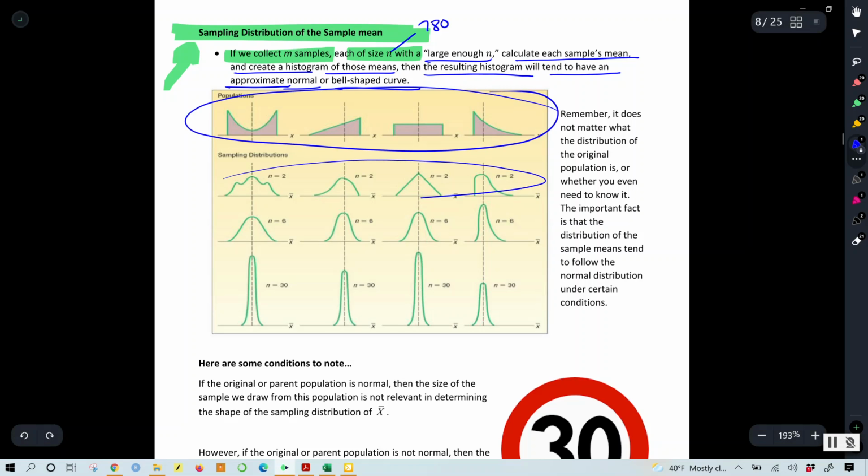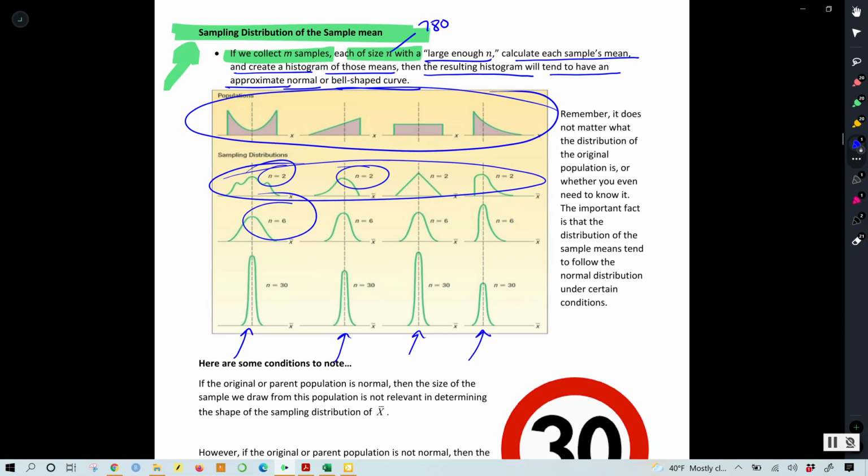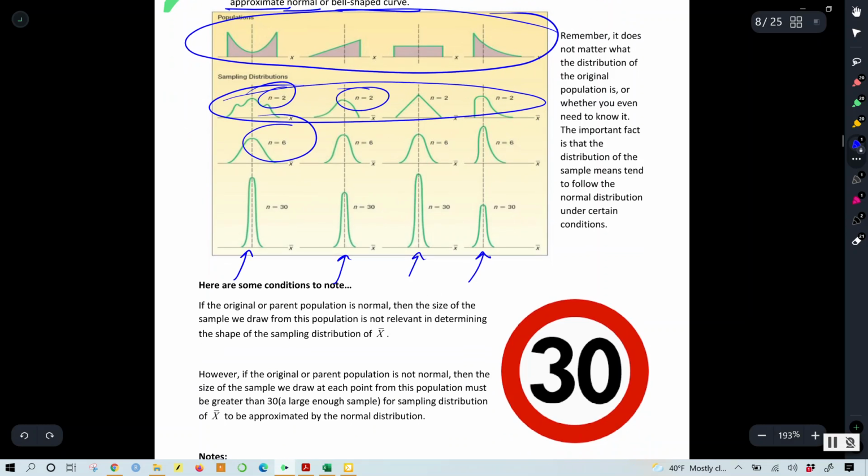As you increase the sample size, n equals 2, n equals 6 to n equals 30, as it nears 30, you observe that the shape of the distribution begins to approach the normal distribution that we learned earlier. So here is something to always note.